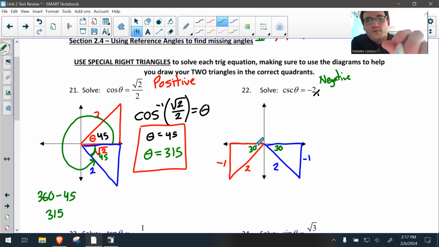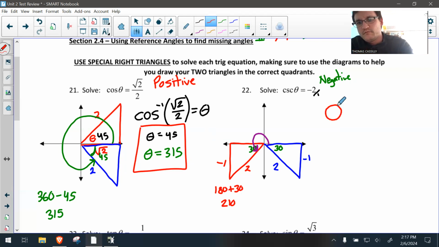All right. So what we need to do is we need to figure out these two angles. The first one here, that's 180 plus 30, which gives us 210. Right, so theta equals 210. All right.